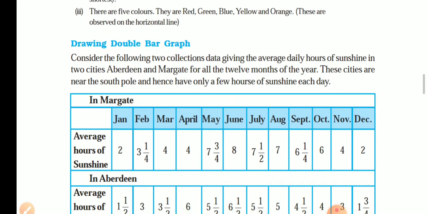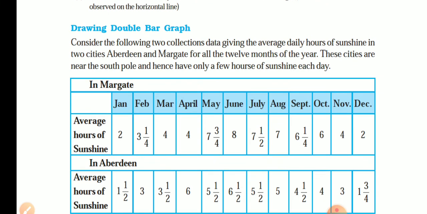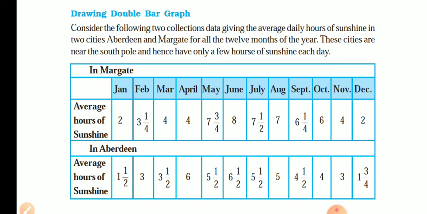Drawing a double bar graph. Consider the following two collections of data giving the average daily hours of sunshine in two cities. Suppose these cities are A and B, for all the 12 months of the year. These cities are near the South Pole and hence have only a few hours of sunshine each day.